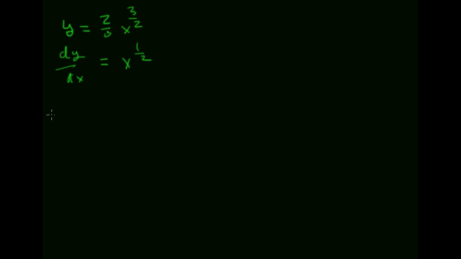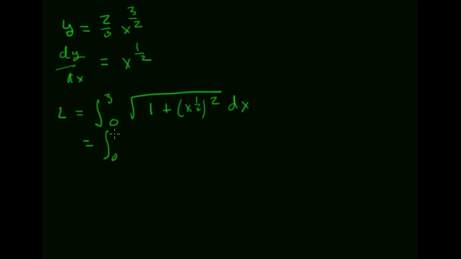So the arc length will be the integral from 0 to 3 of the square root of 1 plus x to the 1/2 squared dx. So this is the integral from 0 to 3 of the square root of 1 plus x dx.